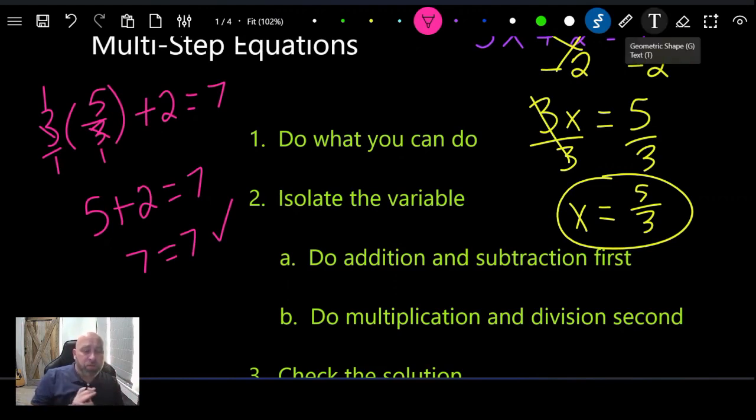Here's what happens with students when they first start learning how to do multi-step equations. They totally lose their mind. They just start doing whatever they want to do. You'll get it wrong every time, I promise you. You might get lucky every once in a while and get a right answer. For the most part, though, here's another thing that students do. In the last two lessons, you have not been following the steps.